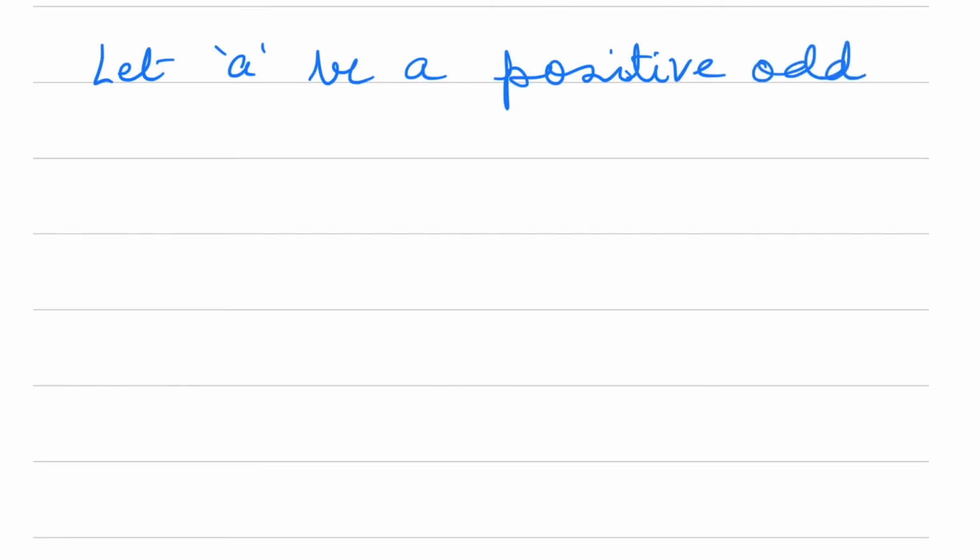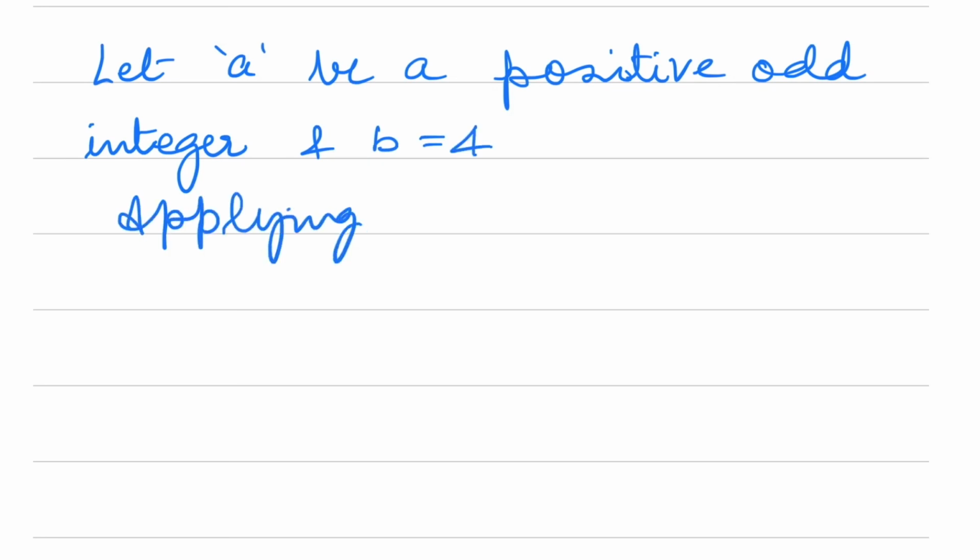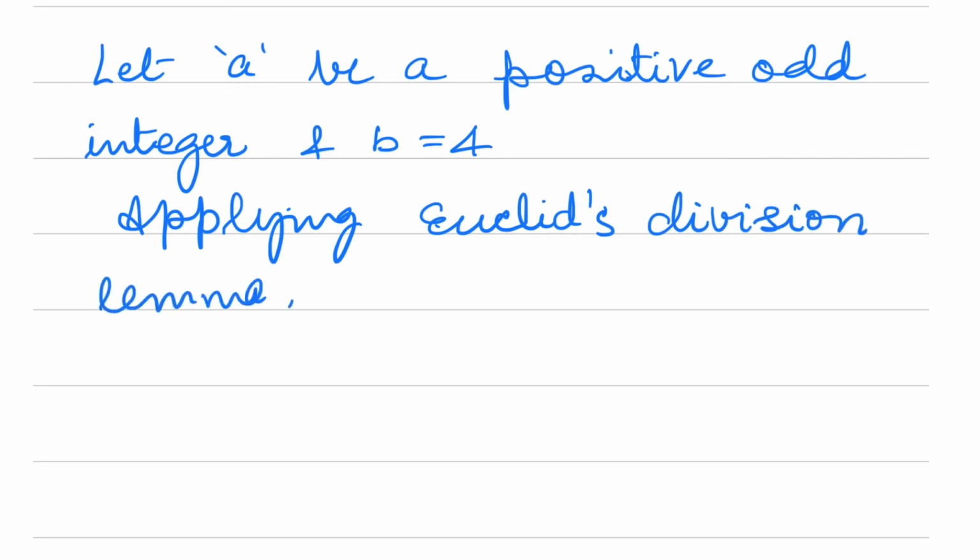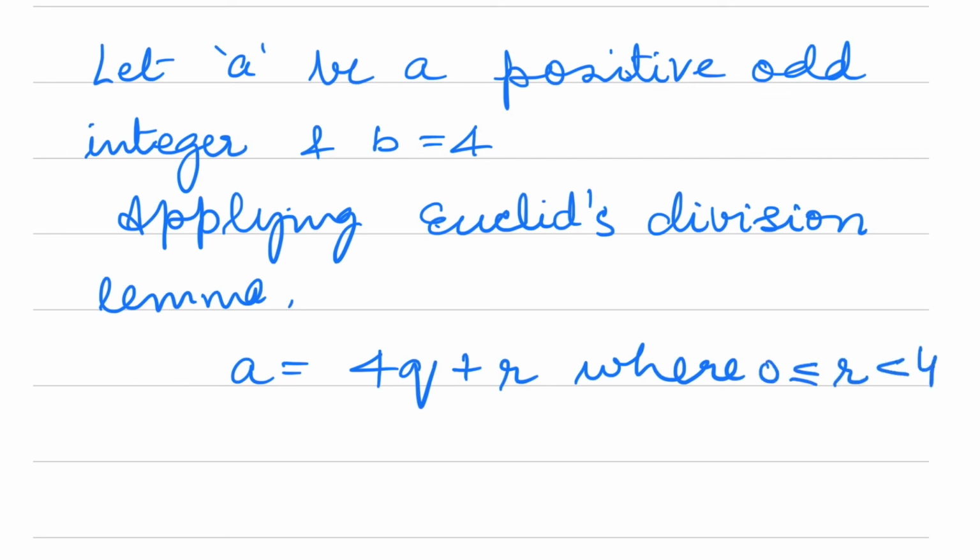In this question, let a be a positive odd integer and b is equal to 4. Now on applying Euclid's division lemma, we have a is equal to 4q plus r, where r is greater than or equal to 0 and less than 4.